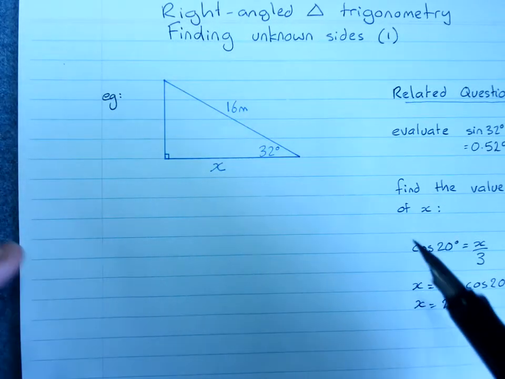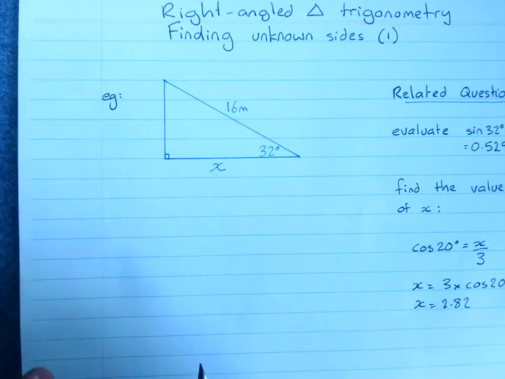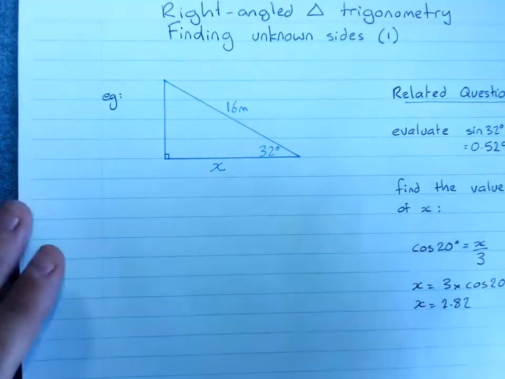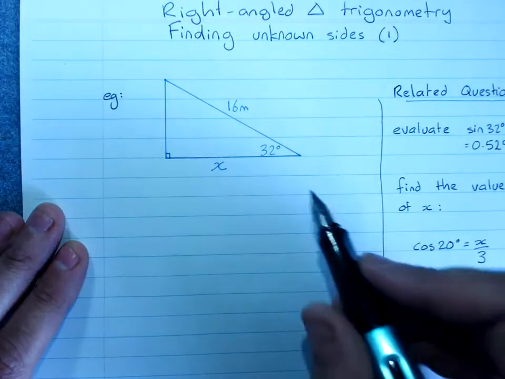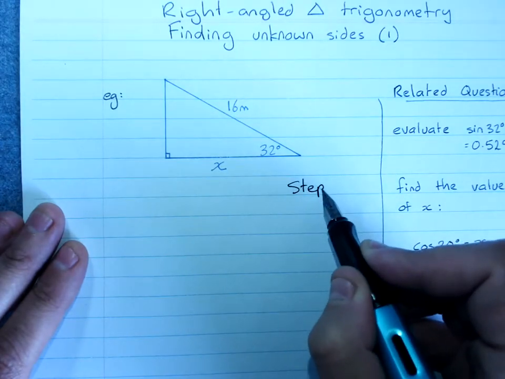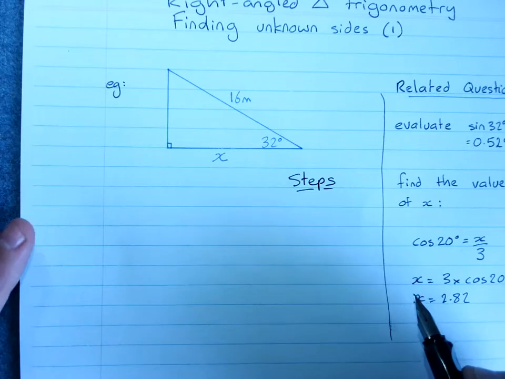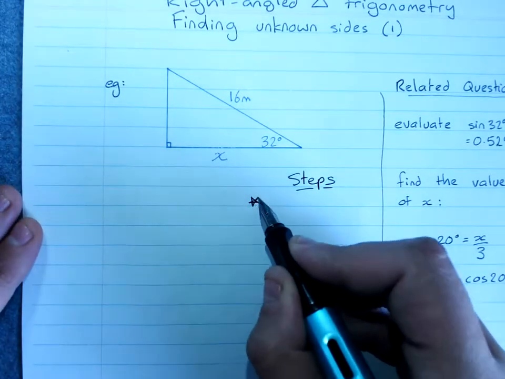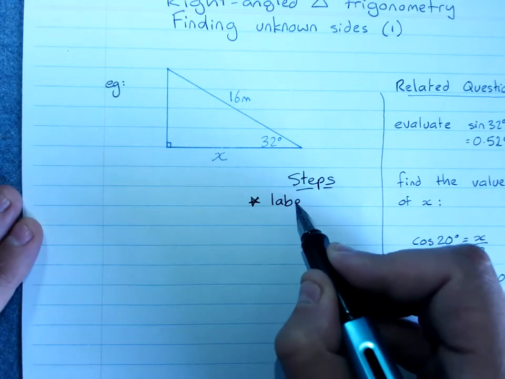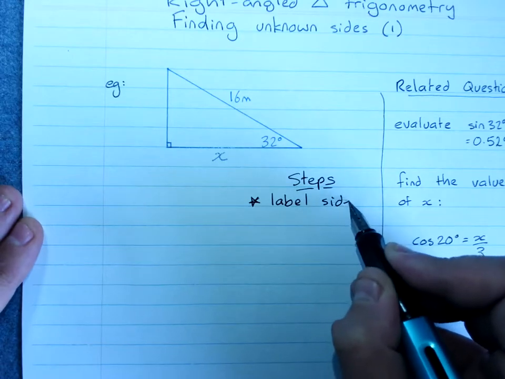So I'll write the steps that we want to do and we'll solve it. Steps. In any trig problem, the first thing you do is you label your sides.